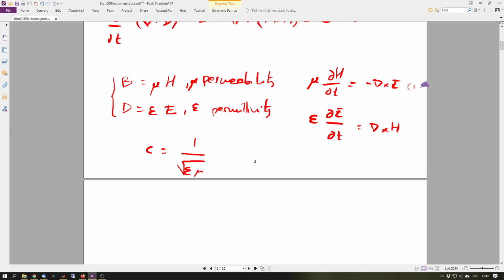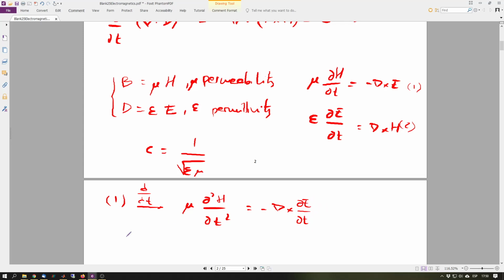If we take the first equation and do the time derivative, we have that the permeability times the second derivative of the magnetic field is equal to minus the rotational of the derivative of the electric field with respect to time.